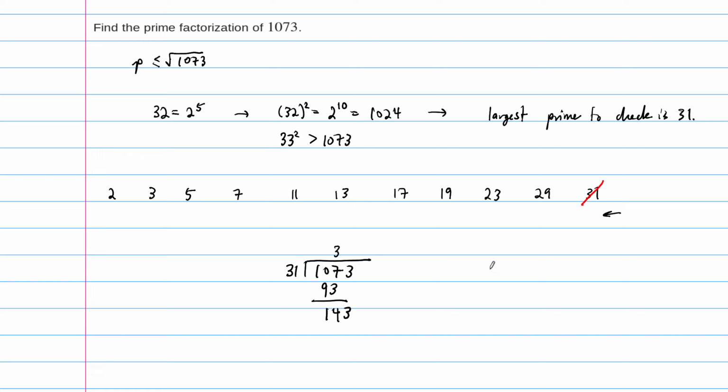We go to the next one. We'll check 29 now into 1073. So this one will probably go in 4 times. So what would 4 times be? 4 times 9 is 36, 36 plus 8, no, 4 times is too much. So only 3 times. So this one's going to be 87. All right, so 87.